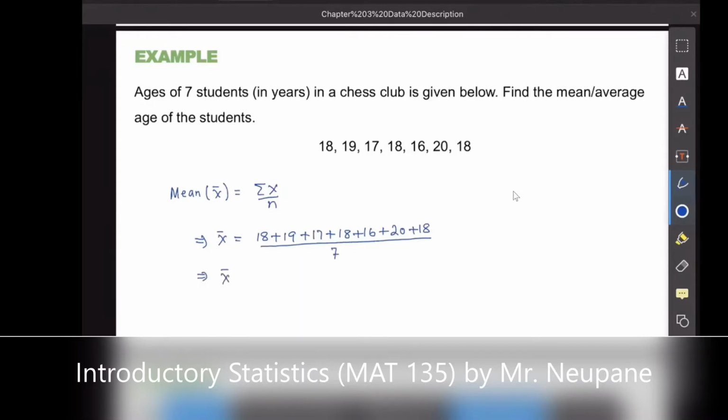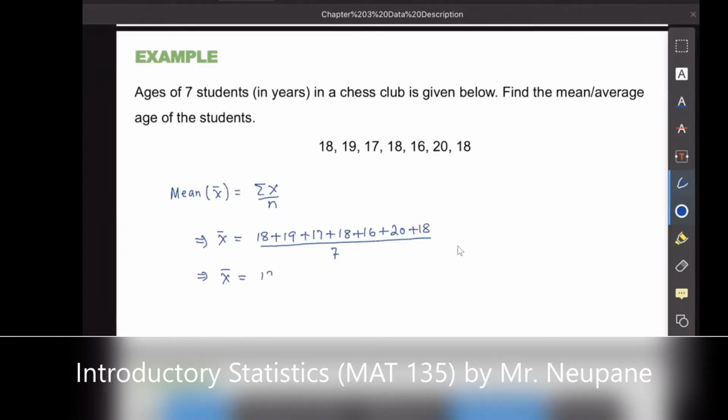Now use your calculator and add those numbers. Let's see what you'll get. Please add them; I'm also going to add and we are going to verify our work. 126. Everybody got 126? Yes.